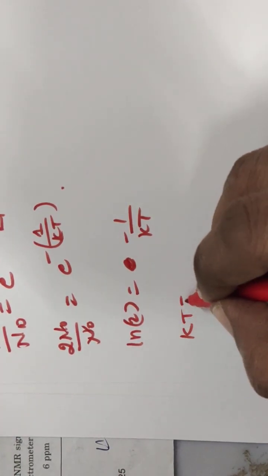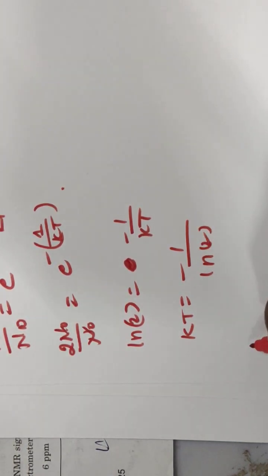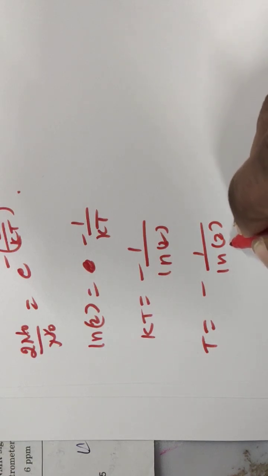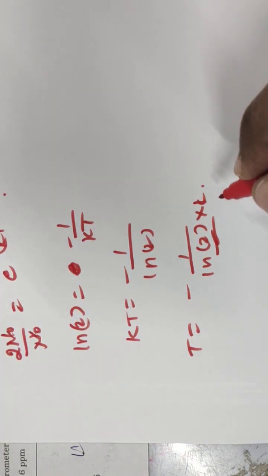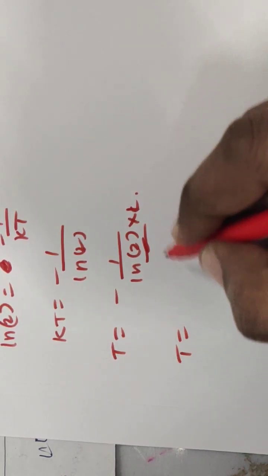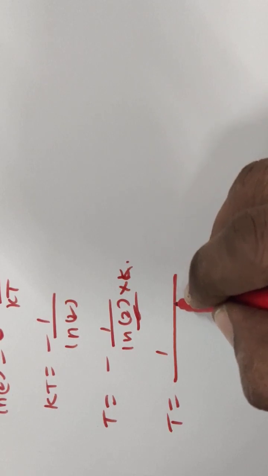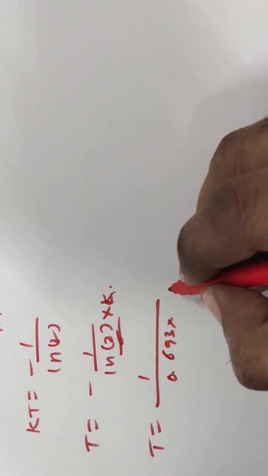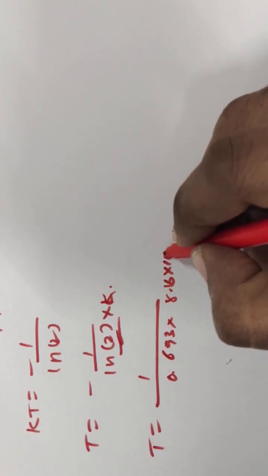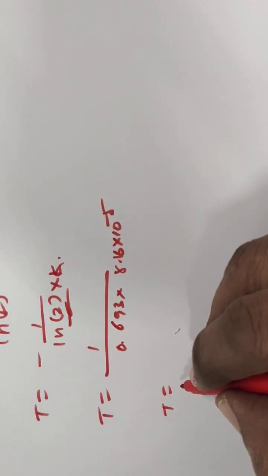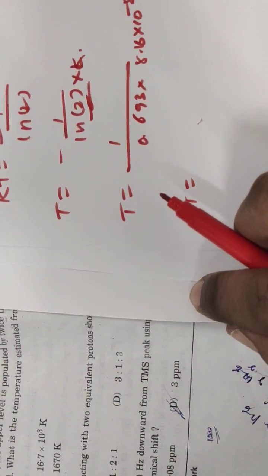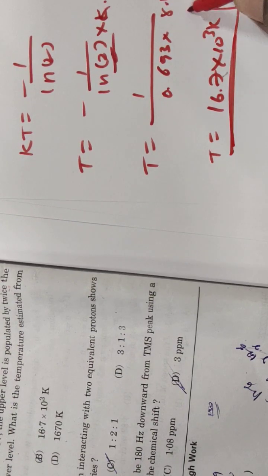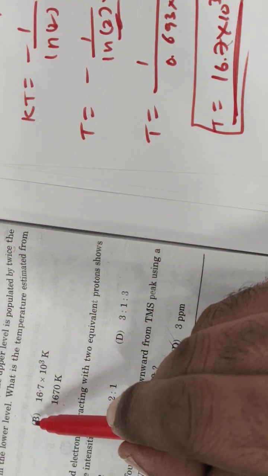Therefore, KT is equal to minus ln 2 and T is equal to minus 1 by ln 2 divided by K. Okay, so therefore T, if you substitute the value of K and ln 2, so 1 by ln 2 is 0.693, and if you substitute the value of K, 8.16 into 10 to the power of minus 5, you will get T is equal to 16.7 into 10 to the power of 3 Kelvin. So option B is correct.